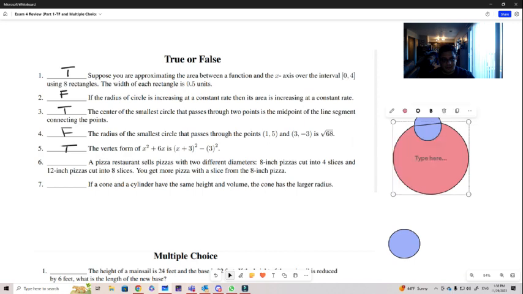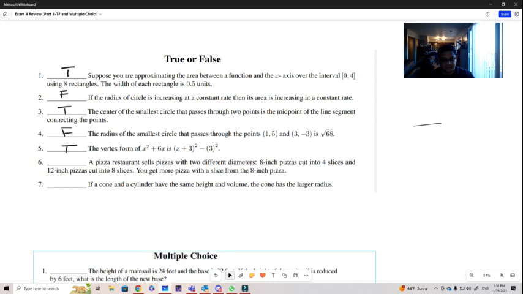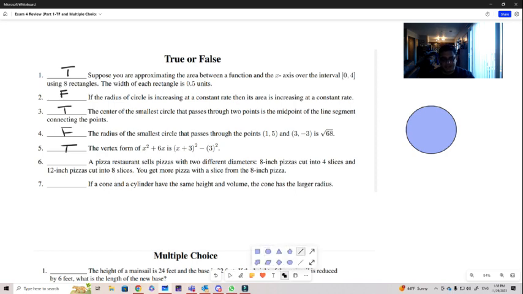Let me just remove this, and let's get some pizza going on here. First we have to remember the difference between diameters, and so let's say first that this is the 8 inches. Because it's the 8 inches, we're going to split this into 4.